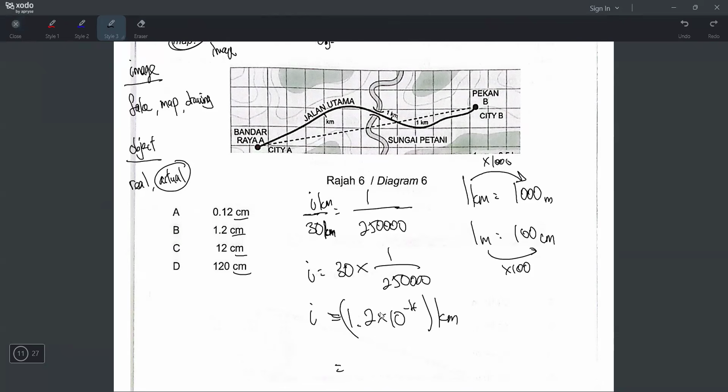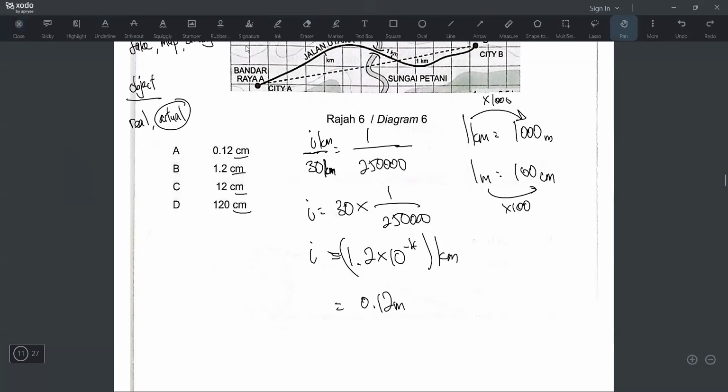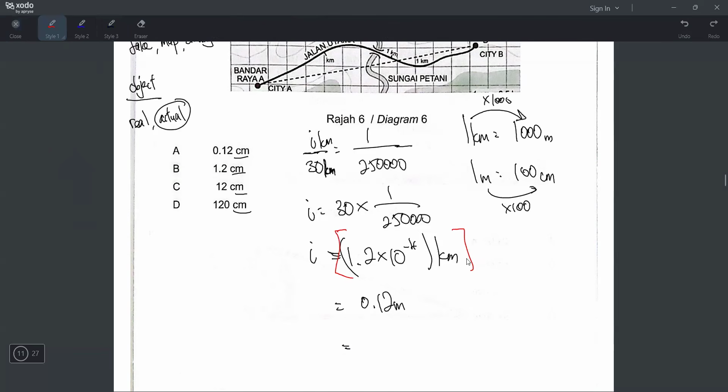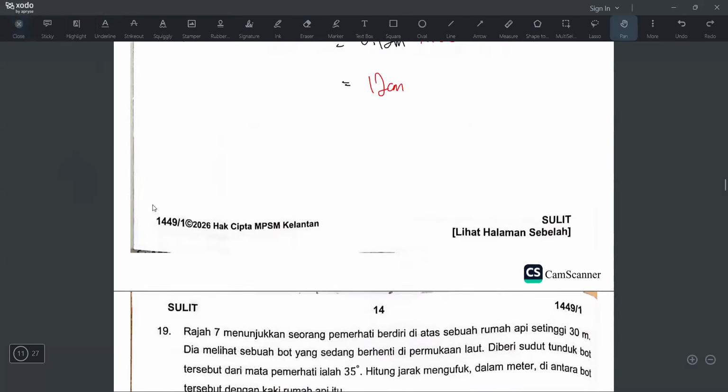I got 0.12. But that's not the answer, that's in meters. So I have to times 100 again. Just now I took this times 1,000, now I take this times 100. So I get 12 cm. So C is the answer. Yep, that's all. All right, let's continue.